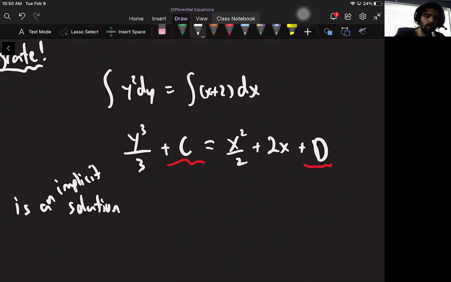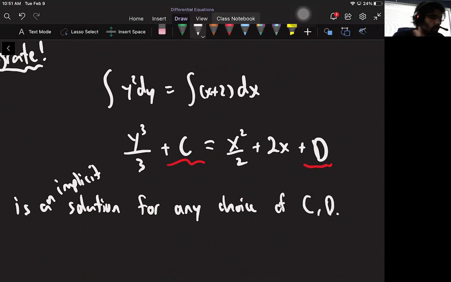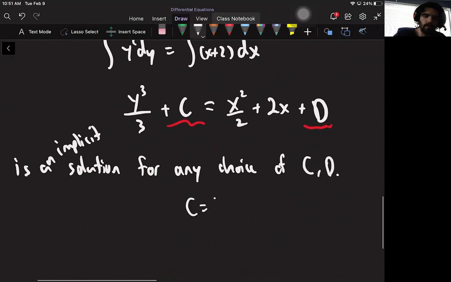I should have said I have an implicit solution for any choice of C and D. So for example, C equals 1, D equals 10 gives me this solution.